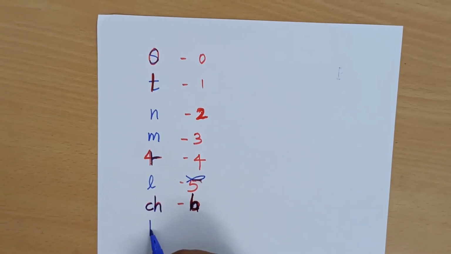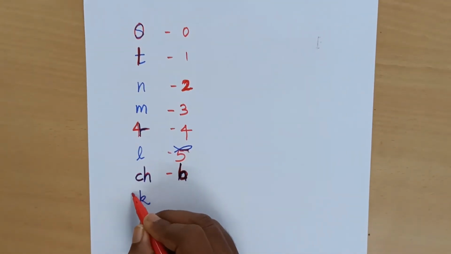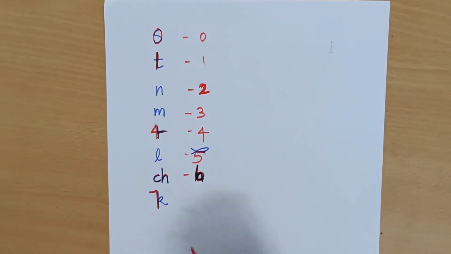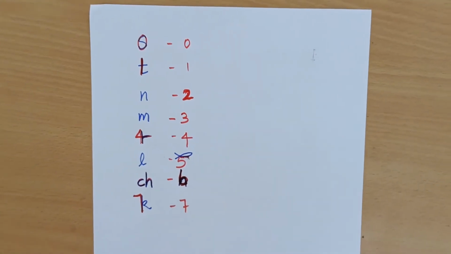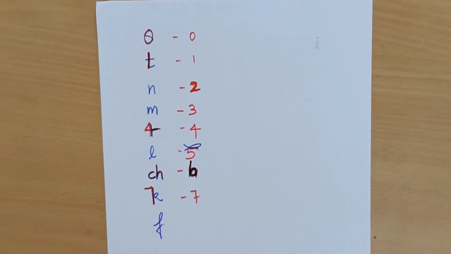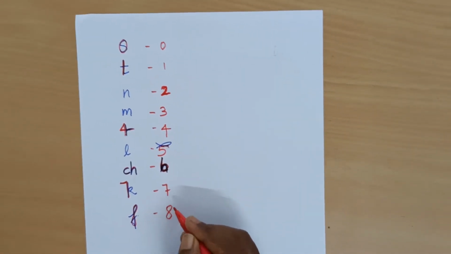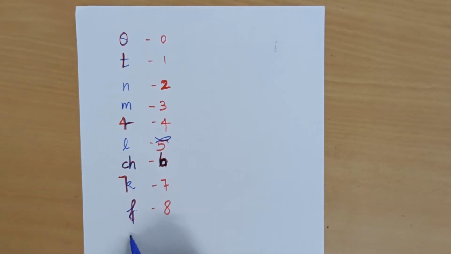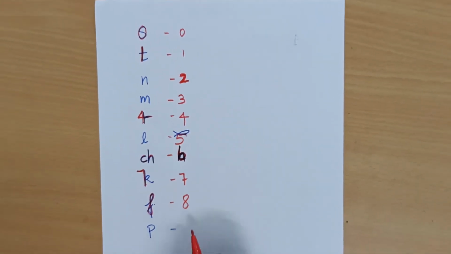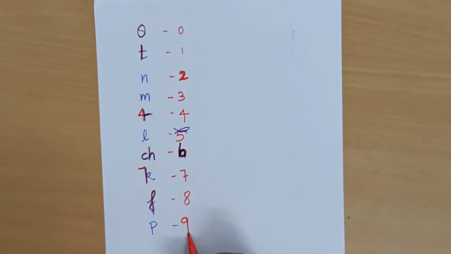And k is like, that's 7. F is F, so F is 8. F, when we mirror it, it will be 9. So that's F.